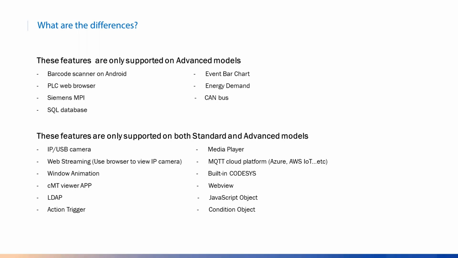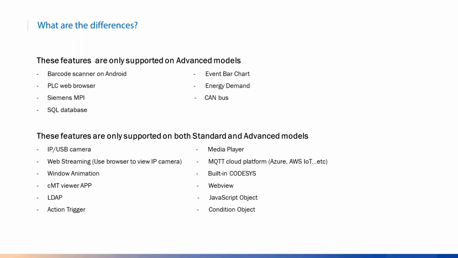You can connect your Android phone to our advanced cMT HMI and use the barcode scanner on your Android phone, and the HMI will get the result and show it here. And the PLC web browser is also only on the advanced models. Siemens MPI, CAN bus, event bar chart, energy demand, and the SQL database are also only supported on our advanced models here.